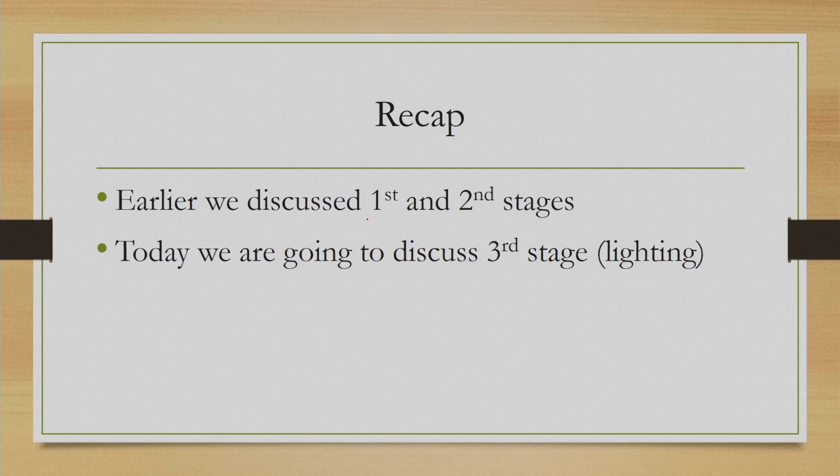We have discussed the first stage, that is object representation, and also we have finished our discussion on the second stage, that is modeling transformation. Now, we are going to start our discussion on the third stage, that is lighting or assigning color to the objects, or the surface points of the objects.